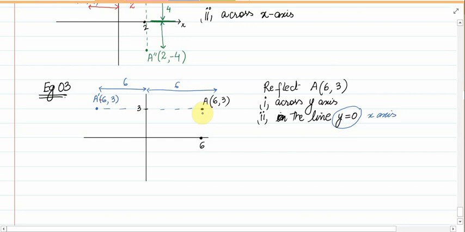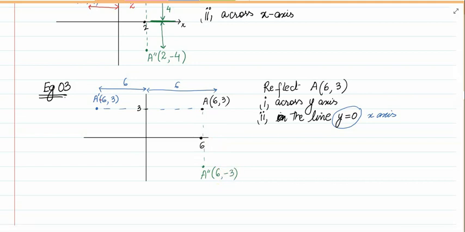Now if you reflect A across the line y equal to 0, or the x-axis, this point will be reflected over here, and that is A double dash. No change in x because the movement is in y only, and the y coordinate will be -3, right?